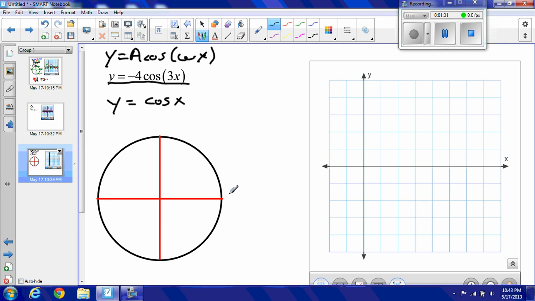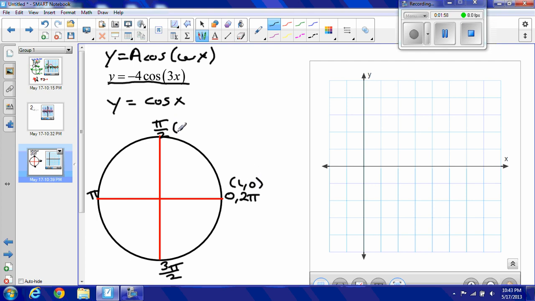And so I now have my, I'm going to put my key points around it. So this is the angle 0, 2 pi. This is my angle pi over 2. This is my angle pi. This is my angle 3 pi over 2, and I'll write in my coordinates. My coordinates of this point right here are 1, 0.